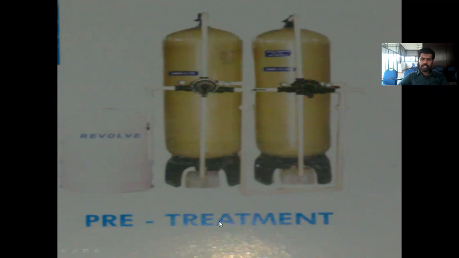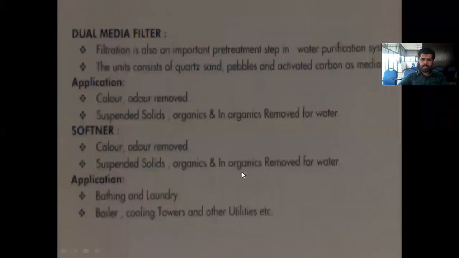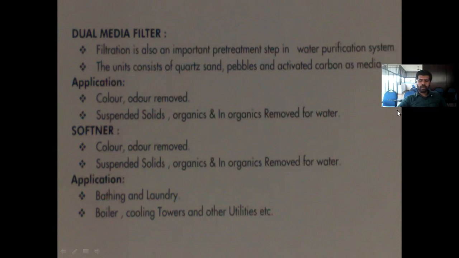Then we have three different types of filters: dual media filters, softeners, and the RO system. We know all these things, but for your idea I will give a brief overview. What is the dual media filter? Filtration is an important treatment step in a water purification system.